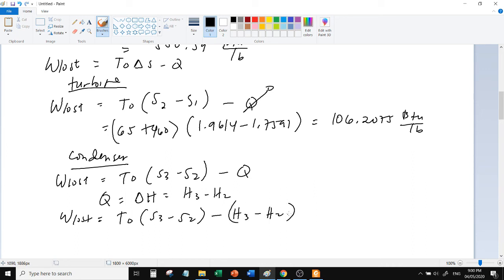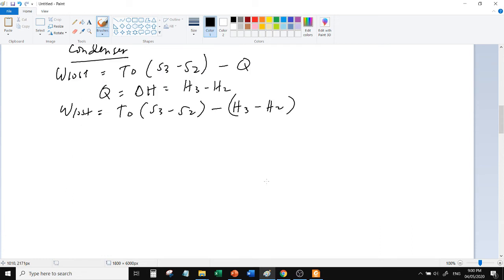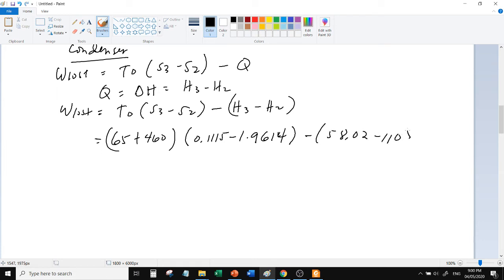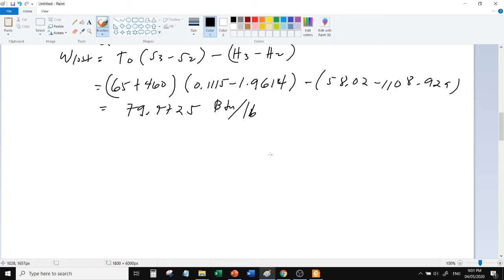So, sinubstitute lang yung Q. So, substitute na natin S3, yan ay 79.7725 BTU per pound. Okay?